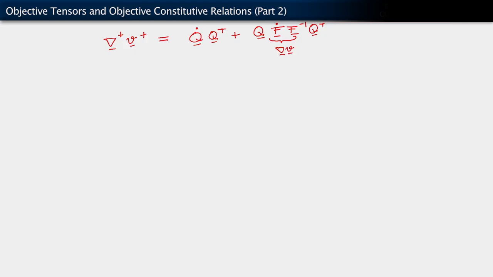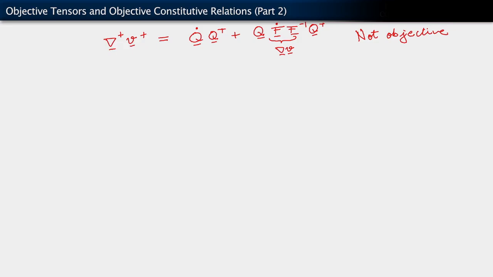So our spatial velocity gradient tensor also does not transform by the rules of objectivity. It would be fine if it were just the second term, but we have the first term in there as well. So it is not objective. However, there is hope.